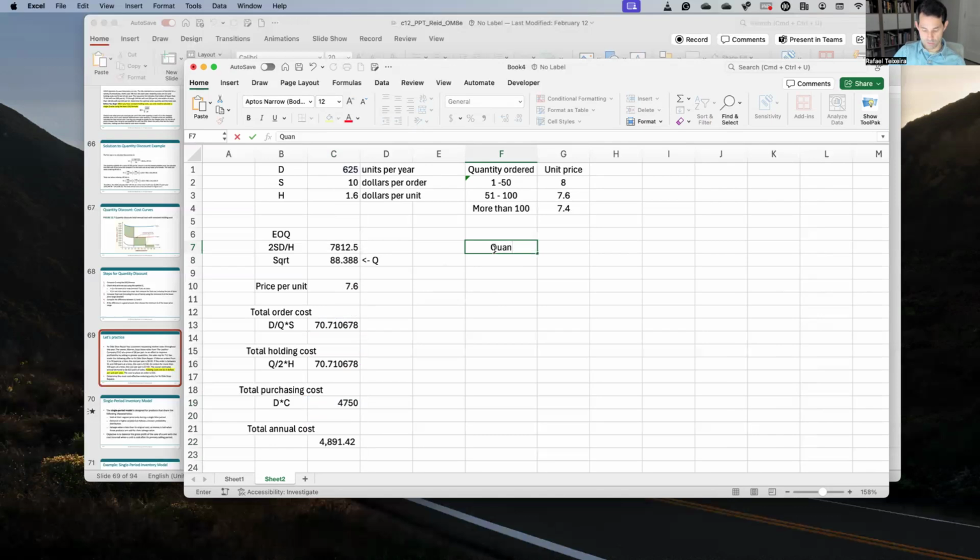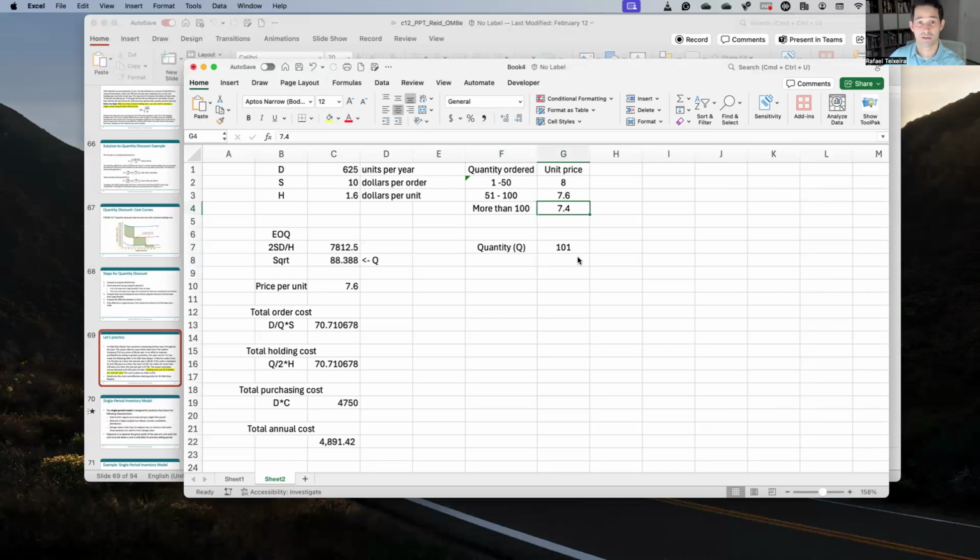Now the quantity ordered. My Q here is going to be the minimum quantity that qualifies for the price of $7.40. So the minimum quantity is 101 units. It has to be more than 100 units.